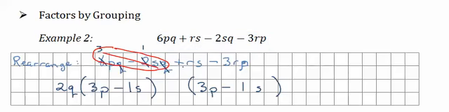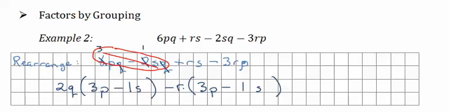Right, so if you examine these 2 last terms, what's common? You can see the letter r is definitely common there, but multiplying that out gives me plus 3rp. I want a minus 3rp, which means that you must have a minus in front of that r there. Okay, so we have minus r times 3p minus 1s.